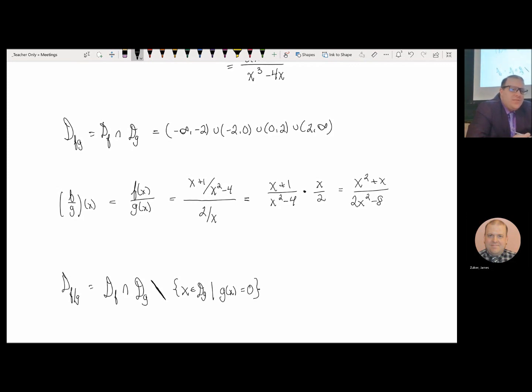And that backslash is set minus. What it says is you look in the first set, in this case the intersection, and you take out everything in the second set.